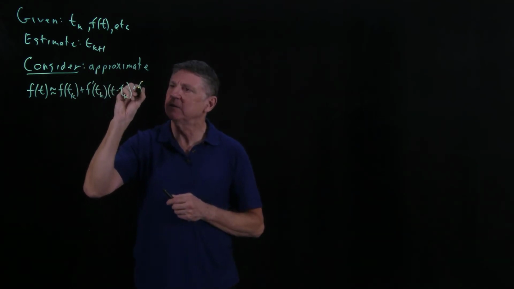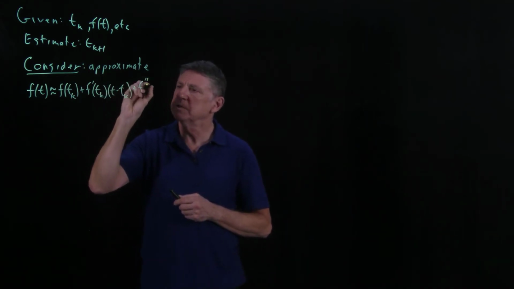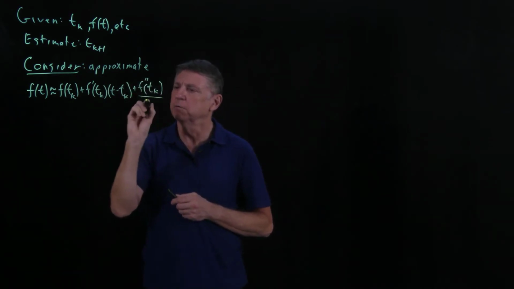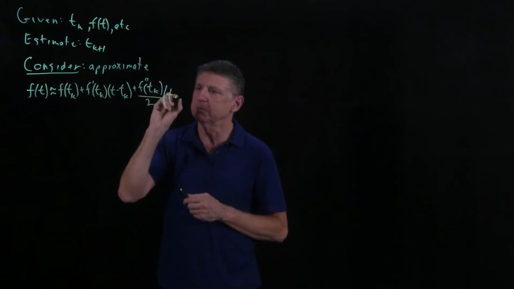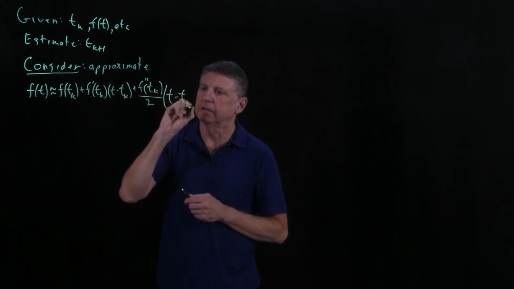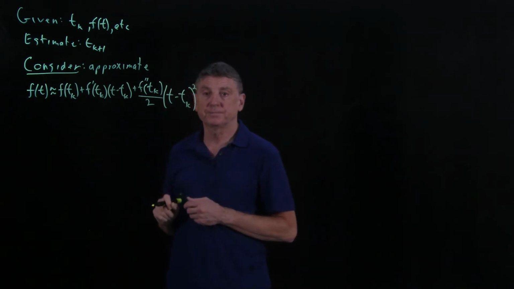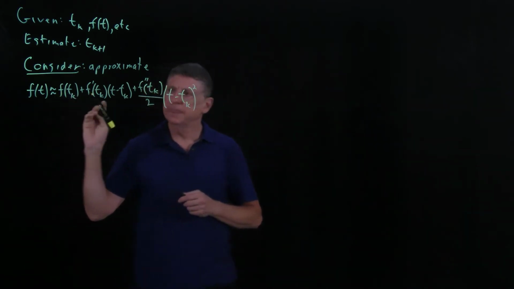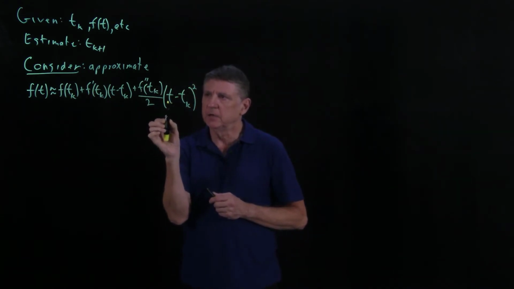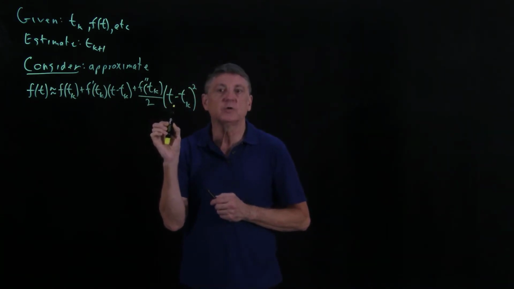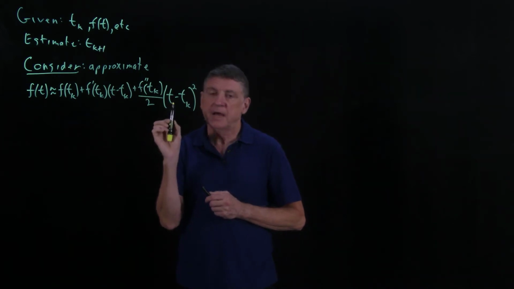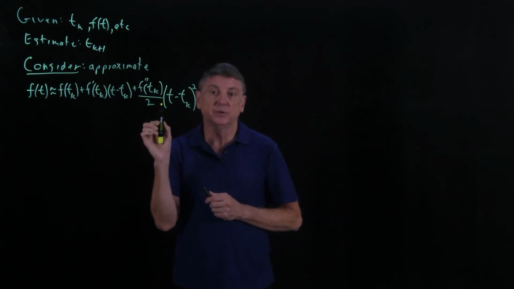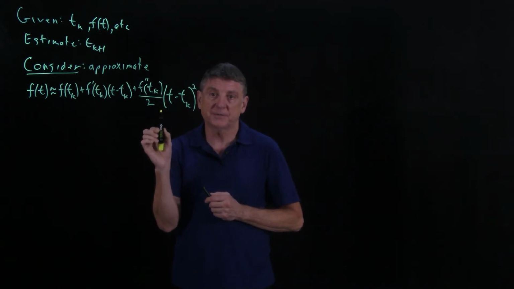Then there will be a second order term, which is the second derivative at the expansion point over 2 times the difference between the scalar argument and the expansion point squared. If we look at this carefully, we can see that this is a quadratic approximation, and a quadratic approximation has a single global minimizer.